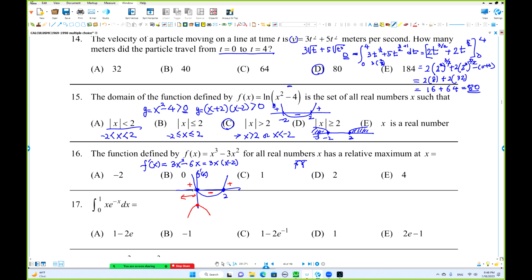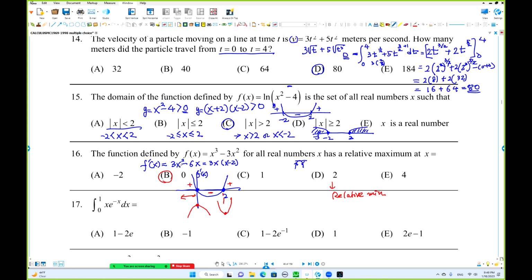Relative maximum. So x equals 0 is the relative maximum. At x equals 2, decreasing then increasing. That is what? Relative minimum, right? At x equals 2 is a relative minimum. At x equals 0, relative maximum.